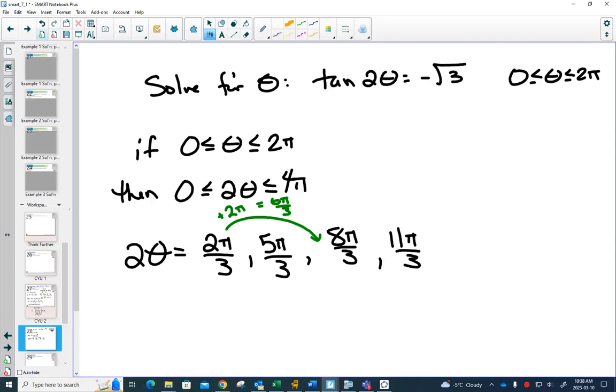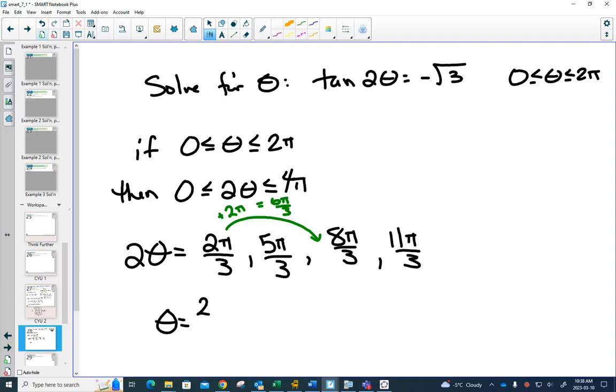Finally, the last step, we solve for theta, and we solve for theta by dividing everything by 2. Mathematically, dividing by 2 is the same as multiplying by a half. So multiplying by half would just multiply the denominators of each of these by 2.